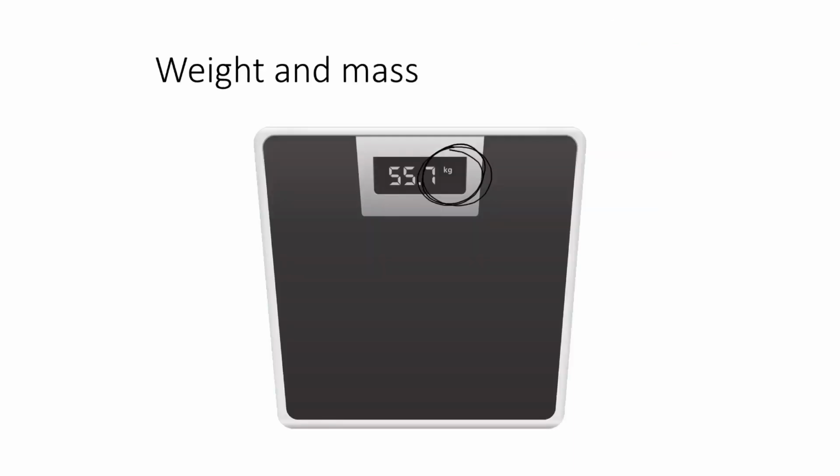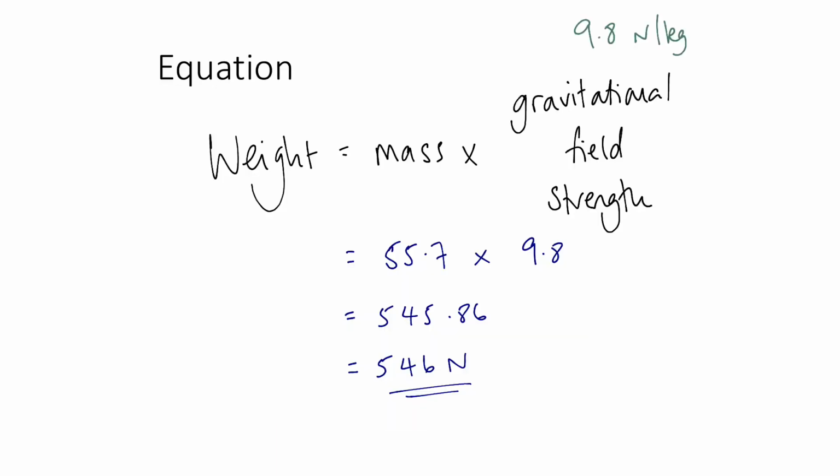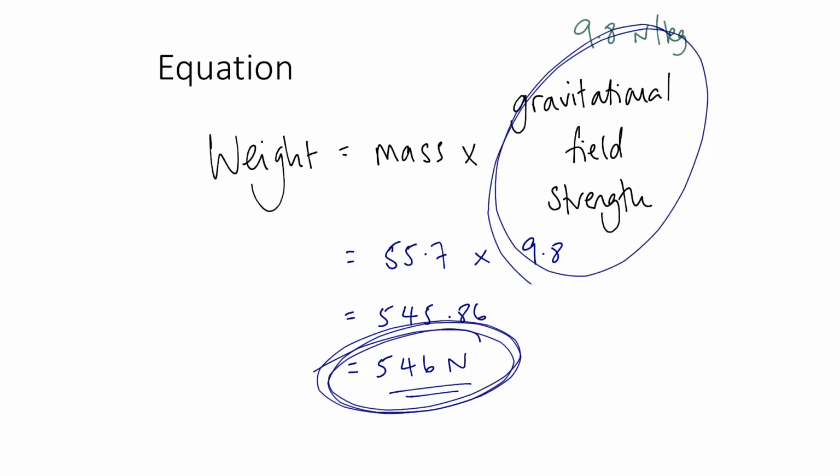So our mass would be 55.7 kilograms, but our weight would be 546 newtons. And it is this value that changes depending on the gravitational field strength around us, so depending on the planet that we live on.